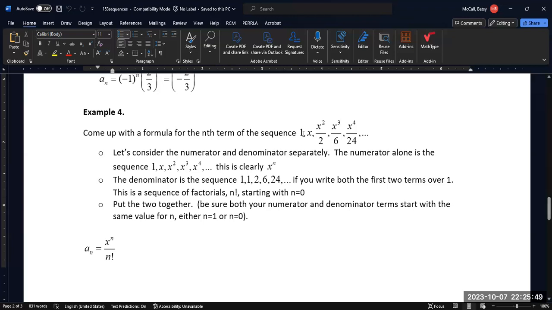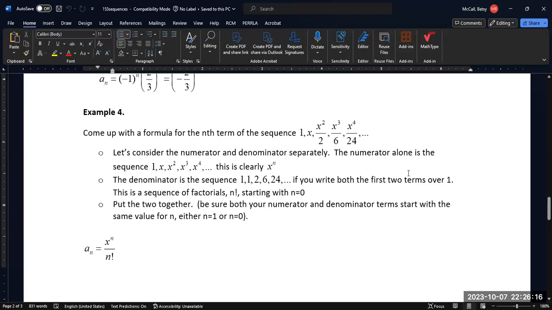Now, since this was also x to the 0, then I can start my formula counting with n equals 0. And in that case, I would have x to the n over n factorial. And again, just to double check, if n is 4, then I'm going to get x to the 4th over 4 factorial, which is 4 times 3 times 2 times 1, which is in fact 24. So starting at 0, this is the correct formula.